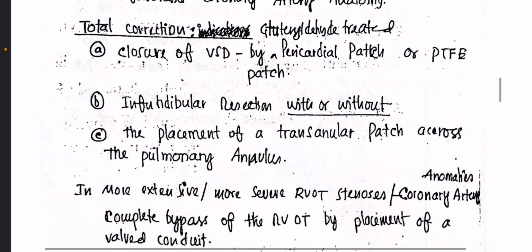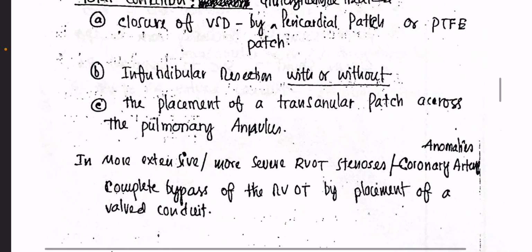Now, total correction. Closure of VSD by glutaraldehyde-treated pericardial patch or PTFE patch. What does total correction of TOF involve? Closure of VSD, infundibular resection with or without the placement of a transannular patch across the pulmonary annulus.